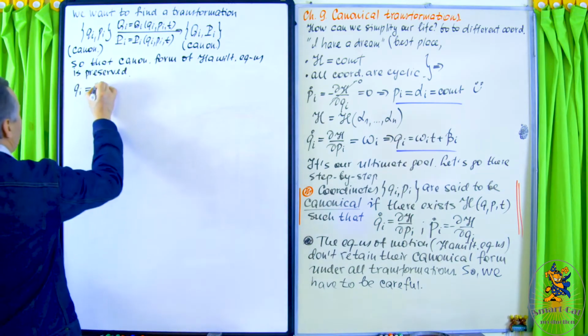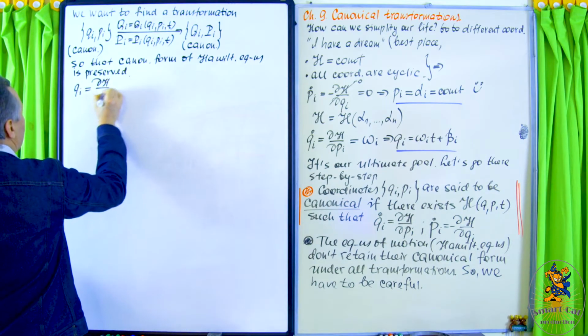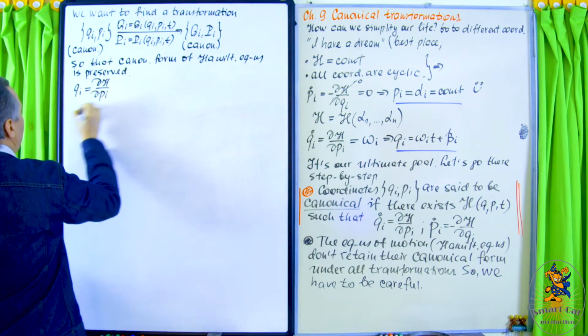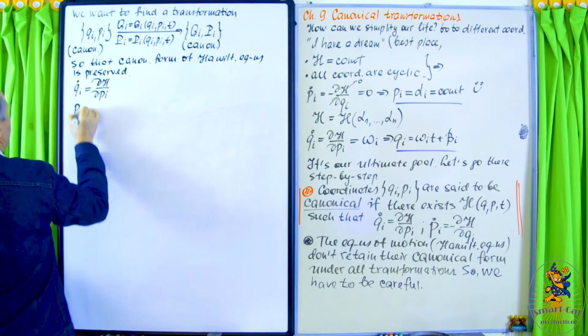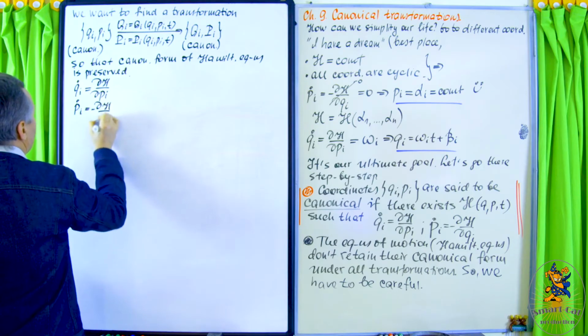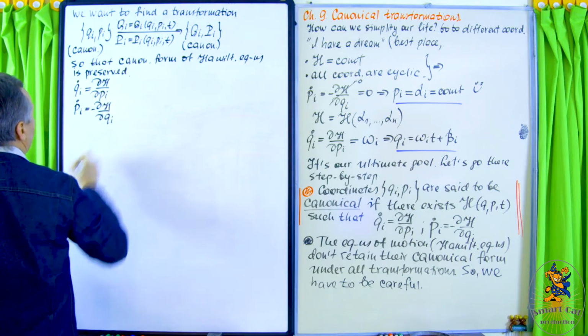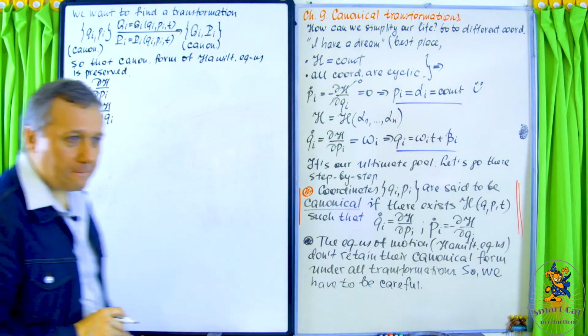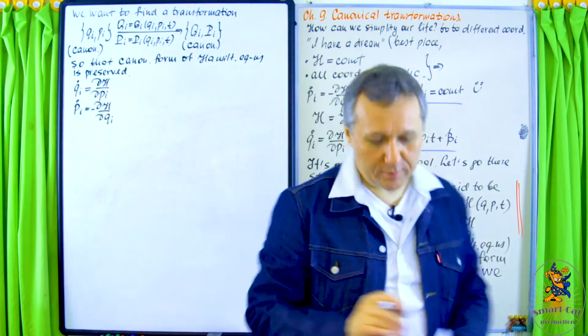Right. So partial derivative of h with respect to pi equals q i dot, and p i dot equals minus partial derivative of h with respect to qi, right? Hamilton's equations.